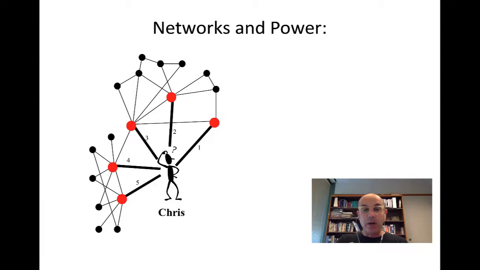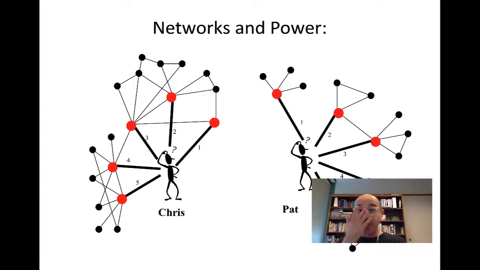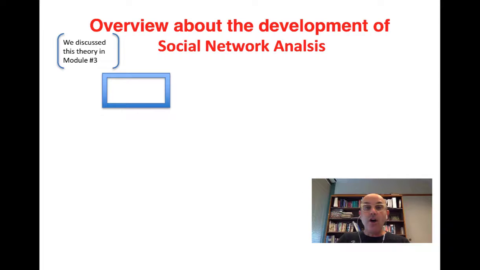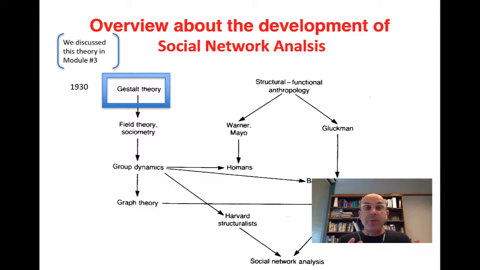But the network is the idea of the connection. What does Chris have, what does Pat have, and what is the connection they all share? So who has more power, Chris or Pat? Overall, in 1930, the Gestalt theory was established.